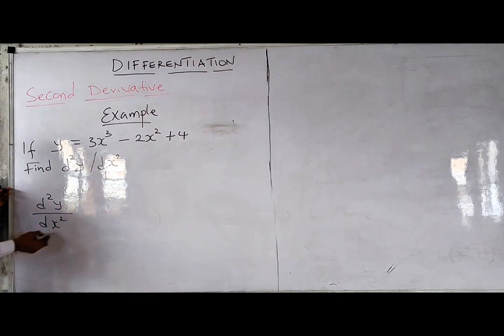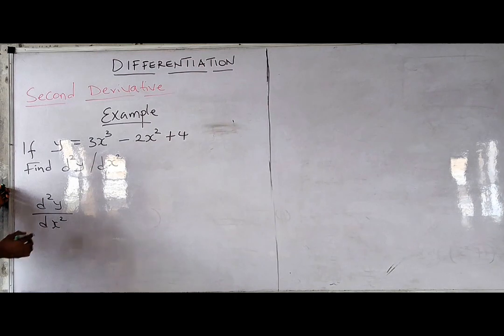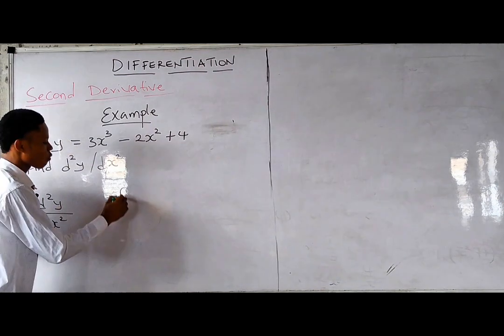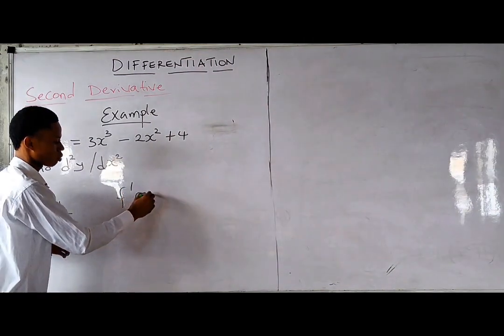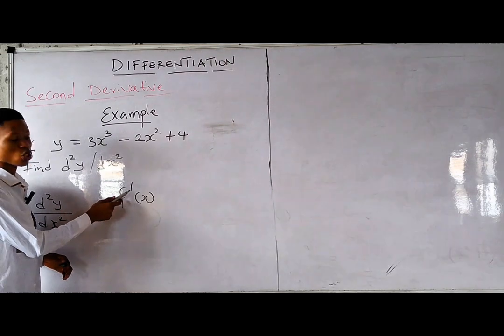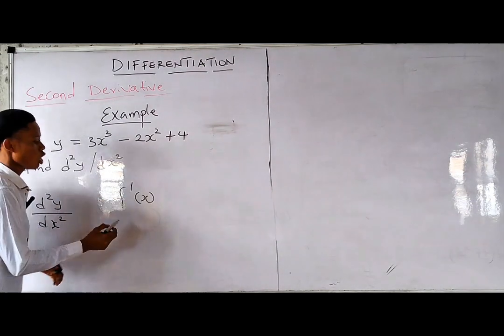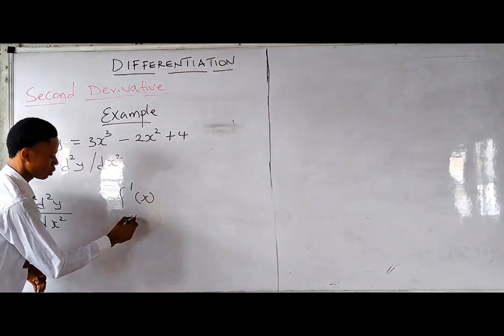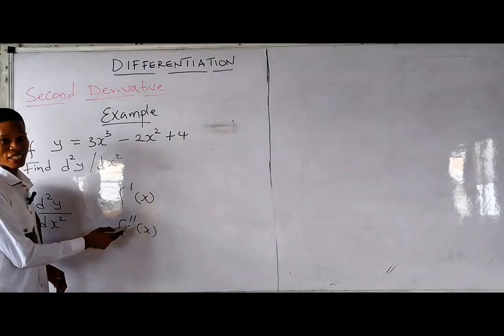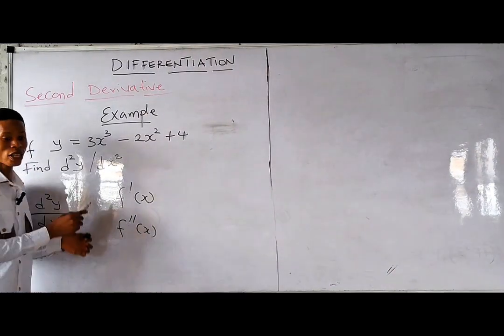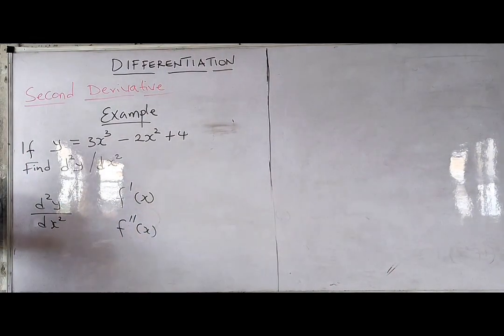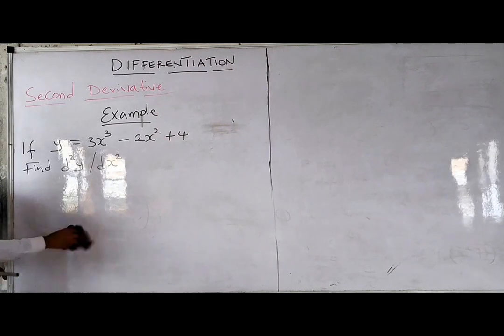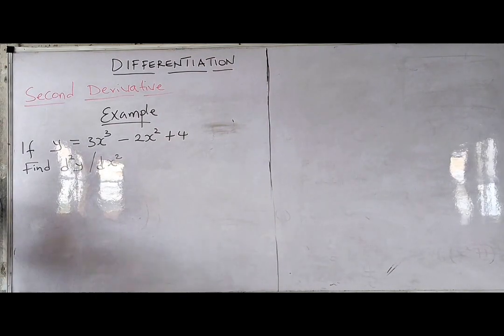Anytime you see something like this, know what they're asking you is to find the second derivative. If you are asked to find something like this, it is asking you to find the first derivative. If you are given something like this, you are asked to find the second derivative. So take note of all these notations. And now if you are to find the second derivative, simply differentiate 2 times.